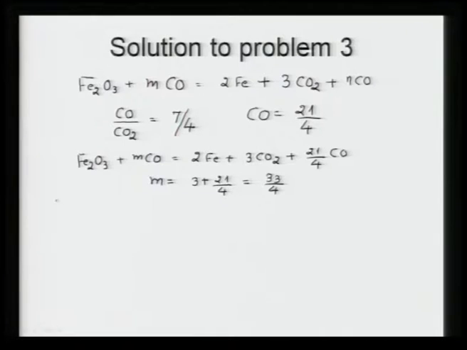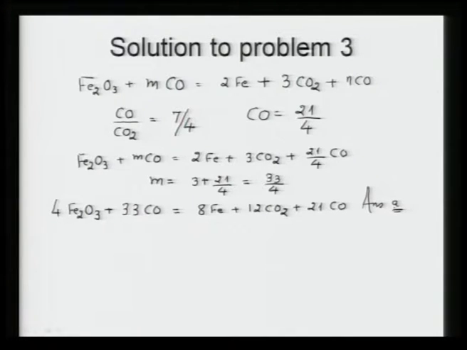So, here we have the reduction equation with whole numbers: 4Fe2O3 plus 33 carbon monoxide is equal to 8 iron plus 12 CO2 plus 21 CO. So, here is the answer for part A.